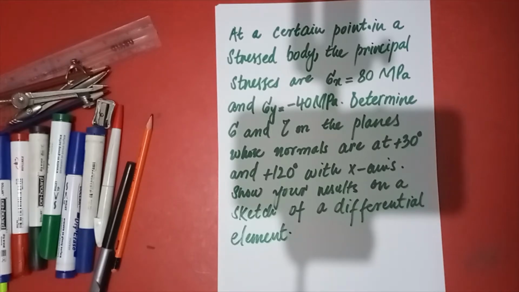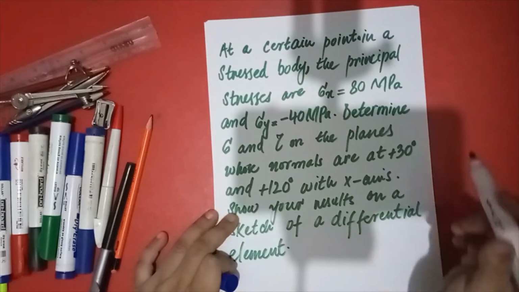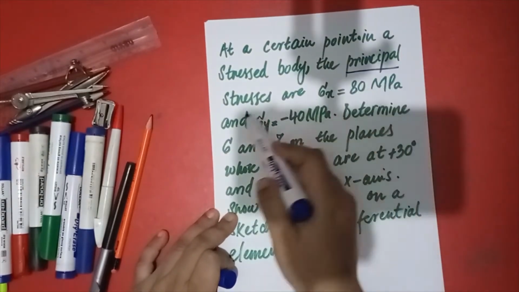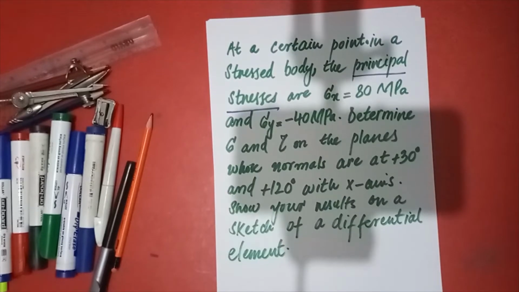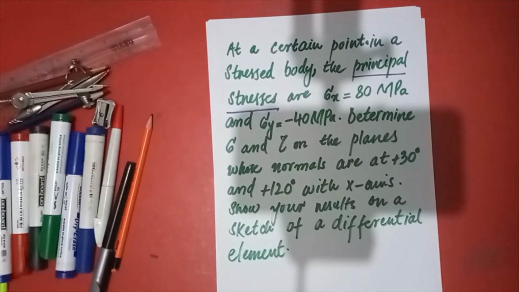And you can see one more thing, in the question it is written that the principal stresses. So always keep it in mind whenever we say principal stresses, what does it mean? Your sigma x and sigma y are exactly lying on the axis, that is the x-axis, that is your normal stress.